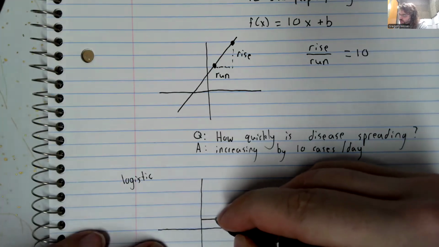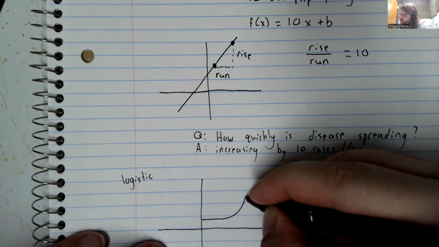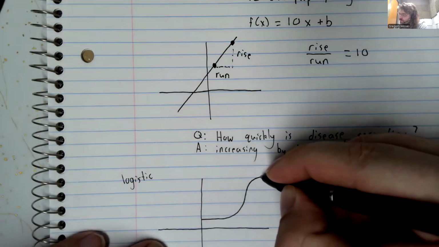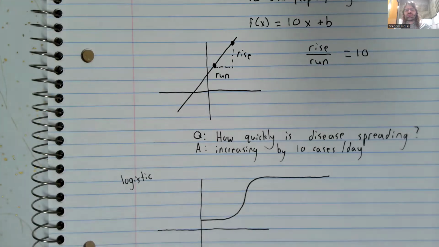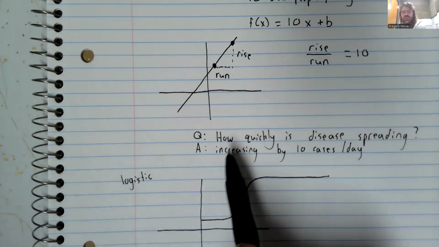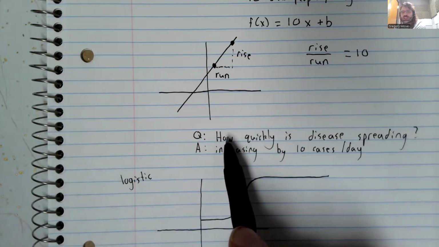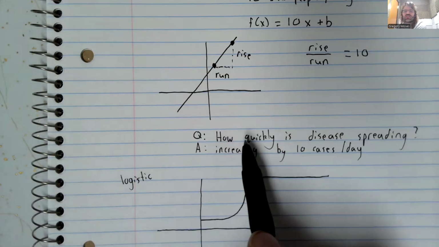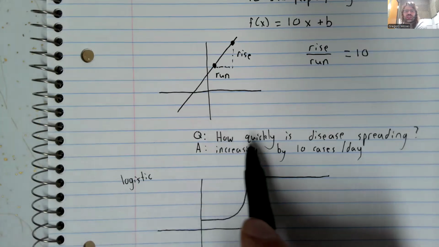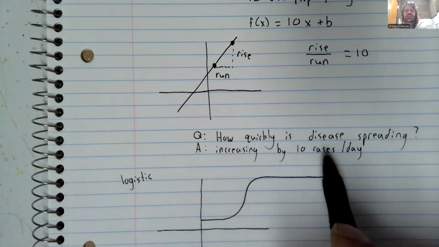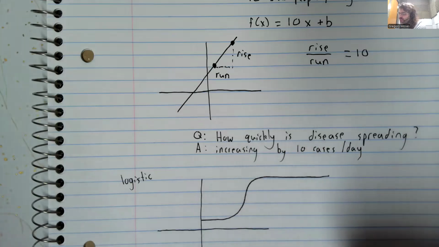But a logistic graph is going to look something like that. And now, if we take this question, how quickly is the disease spreading? And we look at this graph, suddenly there's not a single clear-cut answer like this.